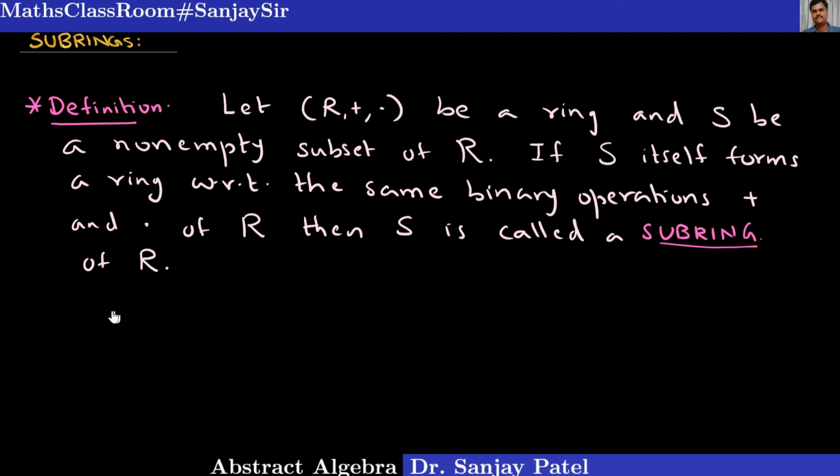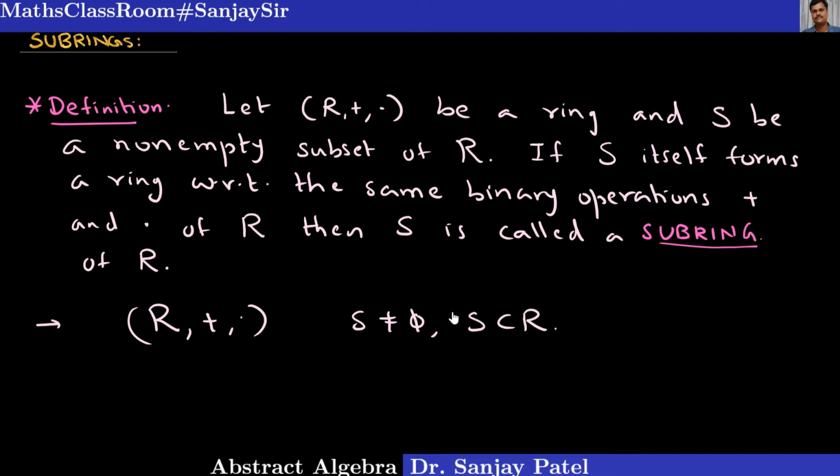So let me tell you that given a ring R with respect to two binary operations, addition and multiplication, if you take a non-empty subset S of the ring R and you want to prove that S is a subring, then by definition, S itself must form a ring.